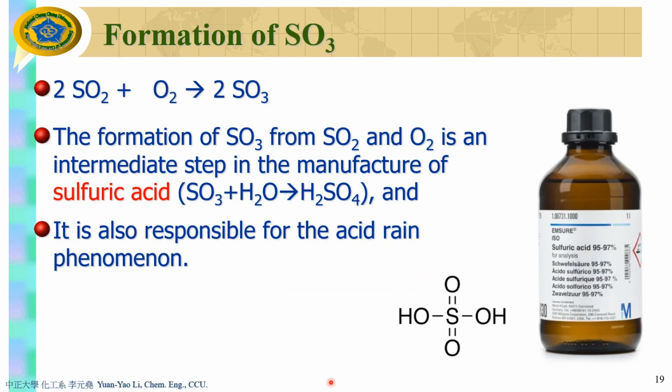Right, so we finished this. We use this equation, this formula, this chemical reaction to make an example. So why do we use this SO3? The formation of SO3 from the SO2 and the O2 is an intermediate step in the manufacture of sulfuric acid. Sulfuric acid is H2SO4, right?